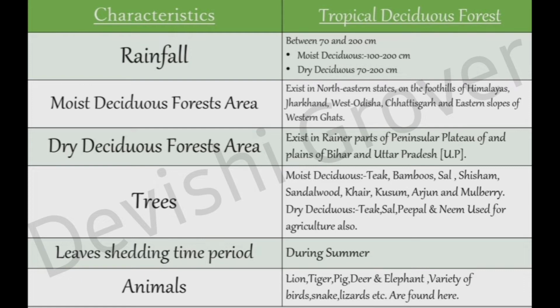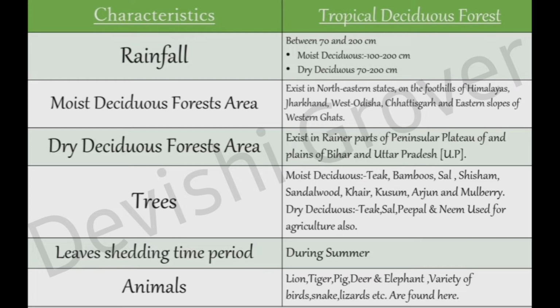Now, on the basis of category, moist deciduous forests are found in the northeastern states, on the foothills of the Himalayas, Jharkhand, West Odisha, Chhattisgarh and the eastern slopes of the Western Ghats. The areas in which dry deciduous forests are found are the rainier parts of the Peninsula Plateau and the plains of Bihar and Uttar Pradesh.